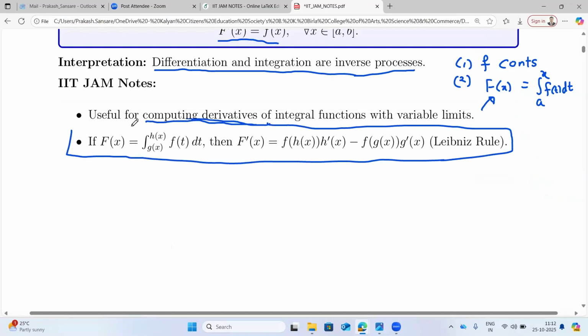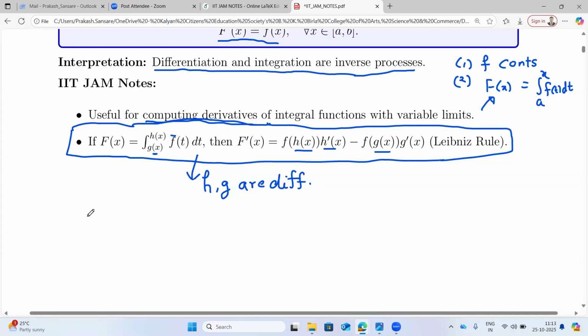The Leibniz rule is a powerful result which says that if you have the indefinite integral of f of t dt from g of x to h of x, where h and g are differentiable, then F dash x is equal to f evaluated at h of x times h dash x minus f evaluated at g of x times g dash x. So f evaluated at the upper limit times the derivative of the upper limit, minus f evaluated at the lower limit times the derivative of g of x.